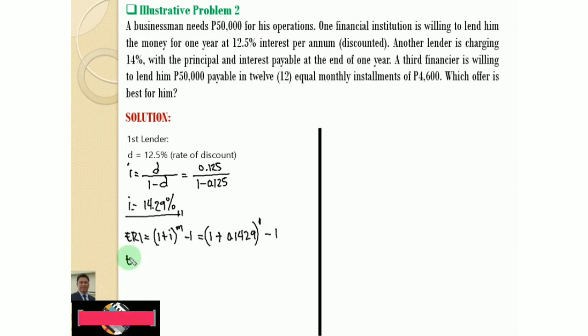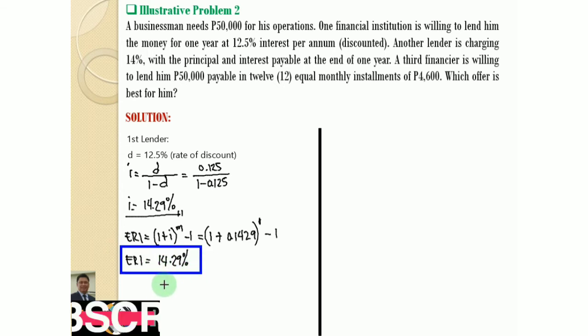So our ERI is then still equal to 14.29%. So take note of this ERI for our first lender, which is equal to 14.29%.